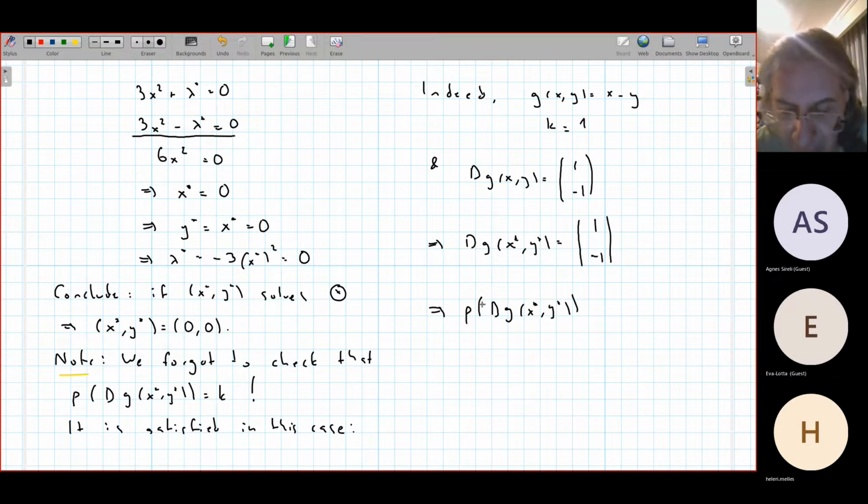Then you remember what the rank is. The rank is the maximum number of linearly independent columns, which, as you can see in this case, is equal to 1. So this means that this condition is satisfied.